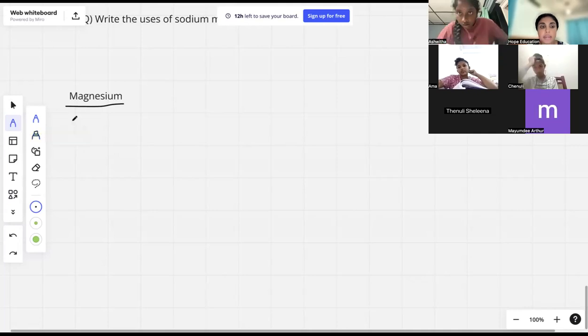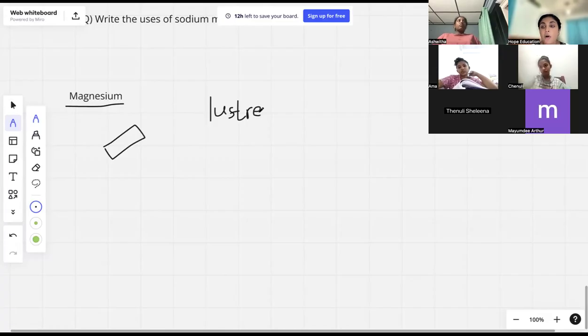So magnesium is like a roll, right? If you take a piece of magnesium, magnesium also is kind of reactive, no? So magnesium has a shine, because it's a metal. It's a metal, so it has a luster. But now magnesium also reacts with the oxygen in the atmosphere.